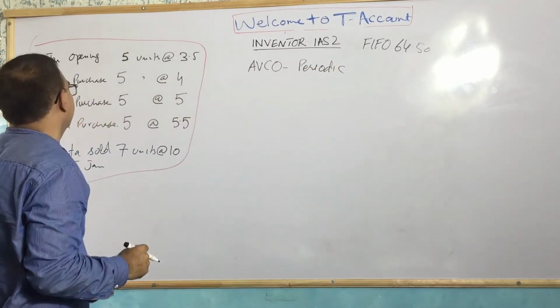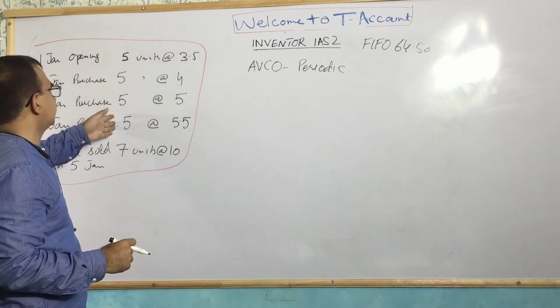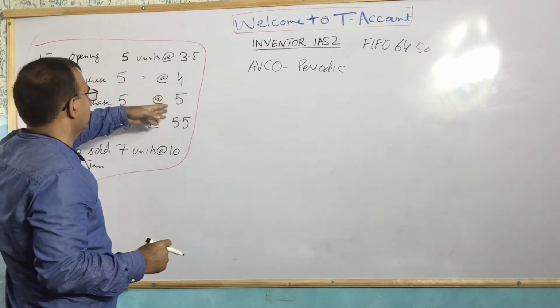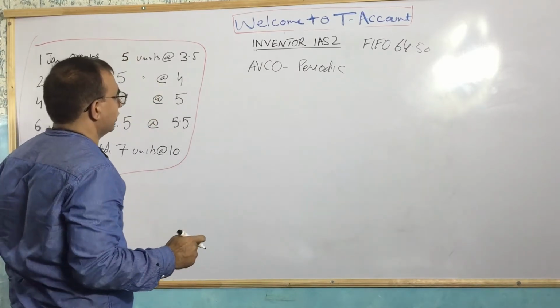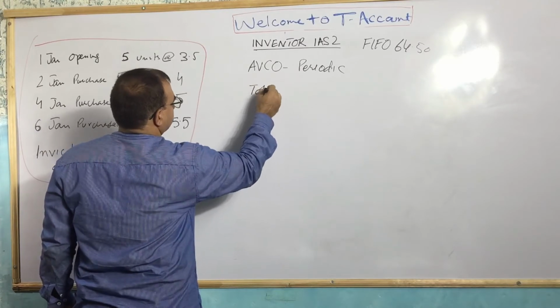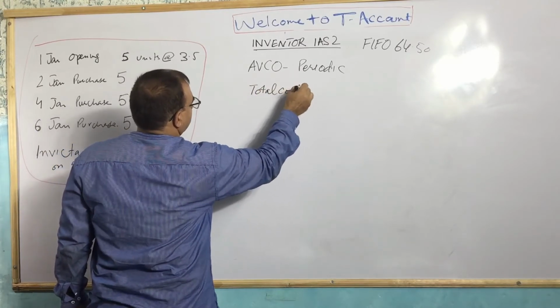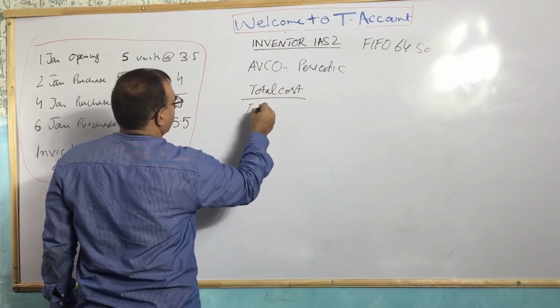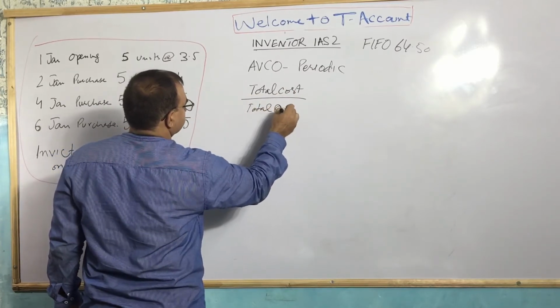For periodic, we'll just add all these units at the total cost of these units and just divide it. For instance, the formula will be total cost over total quantity.